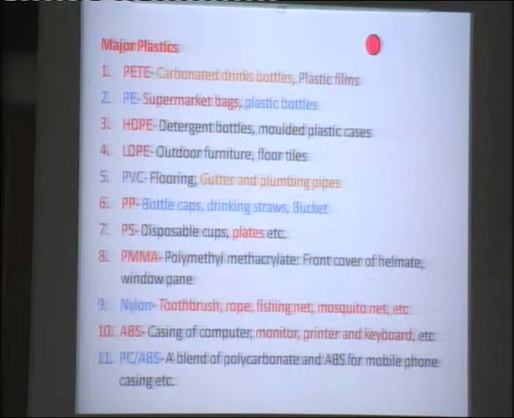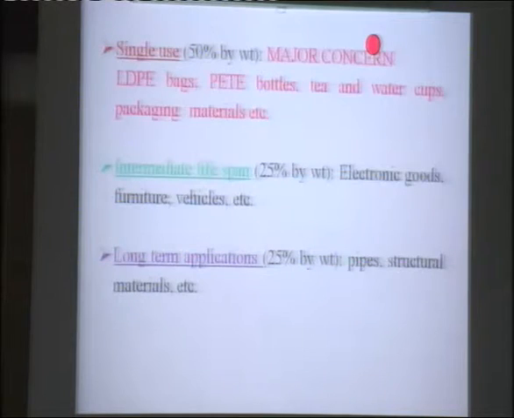Now there are different types of plastics. We have thermoplastics. These thermoplastics can be completely melted and a new product can be formed. For example, polyethylene and polypropylene can be melted or dissolved and re-precipitated, and we can have new products.